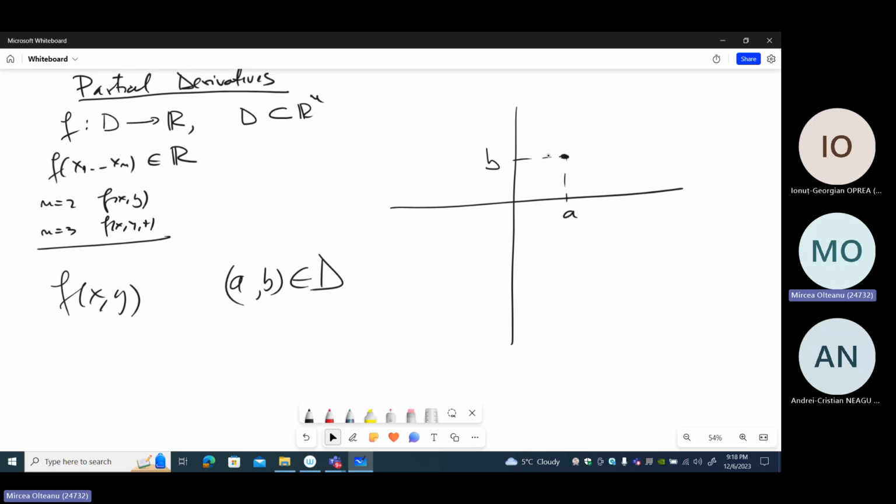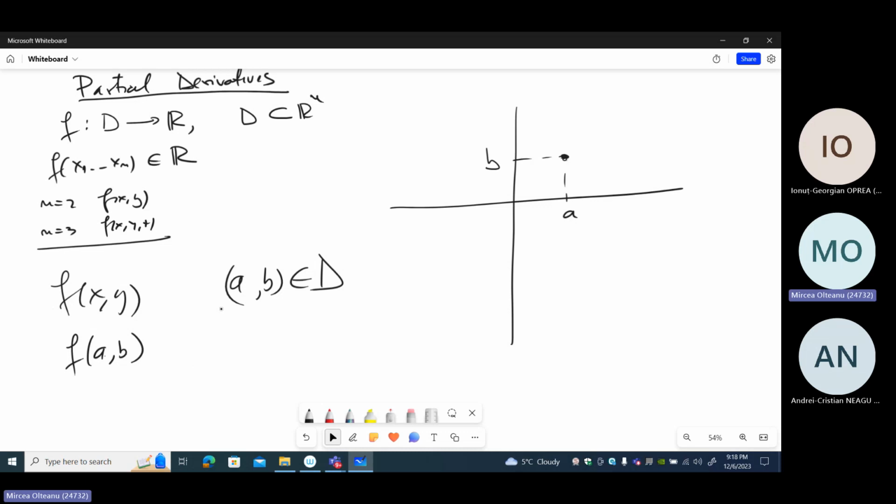Here is the point (a, b), and the function f is defined around this point. We are at (a, b), so the function takes the value f of (a, b). And now we move a little bit around the point (a, b), that means we change from (a, b) to some (x, y).